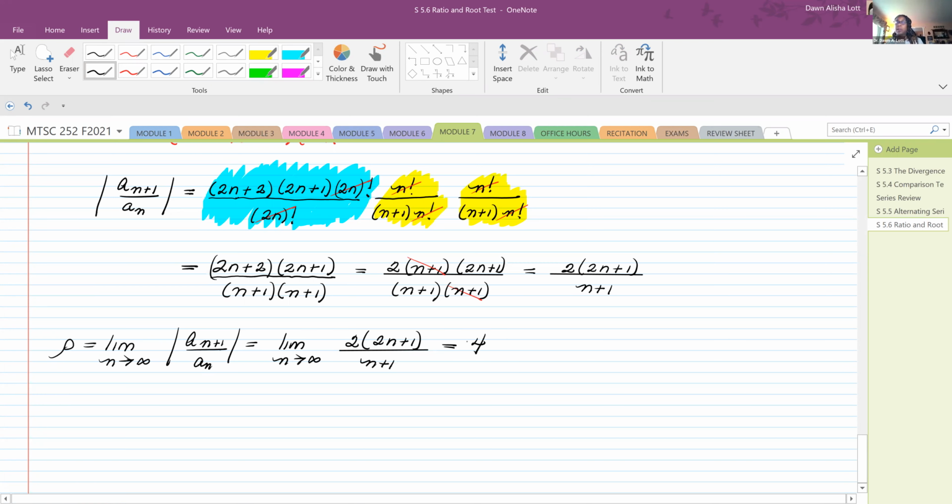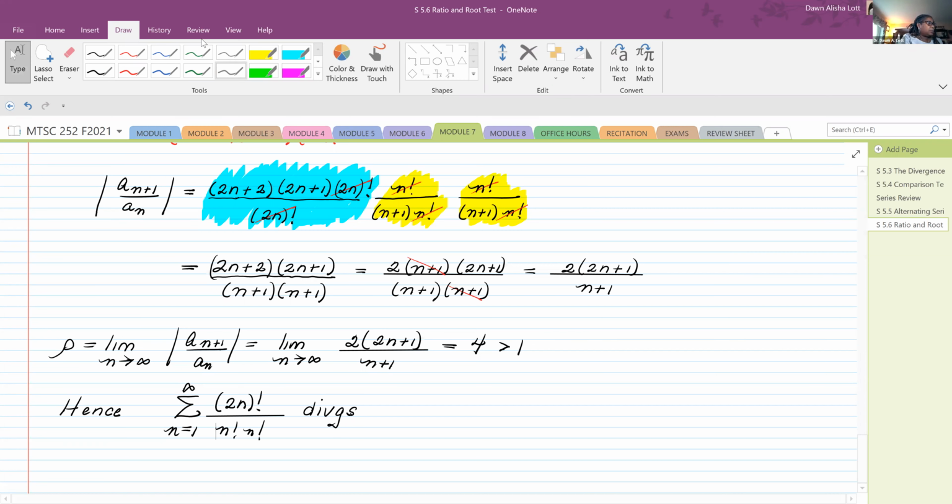Oh boy, that is greater than 1. So hence the sum from n equals 1 to infinity of (2n) factorial over n factorial diverges.